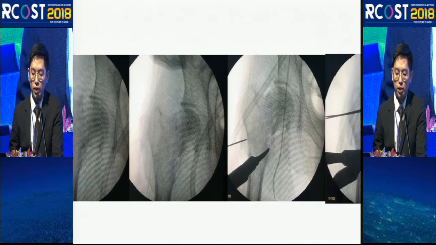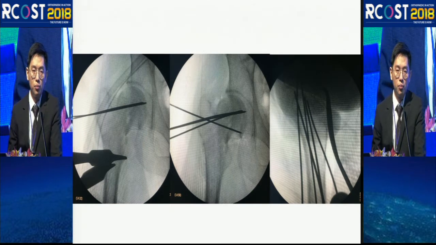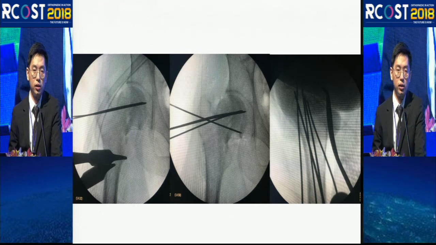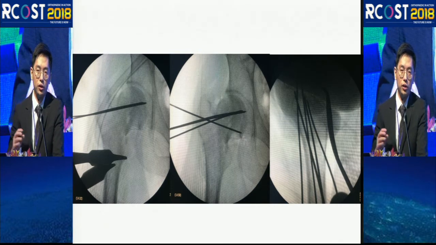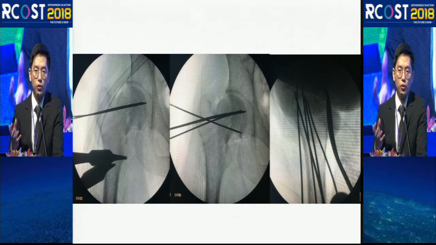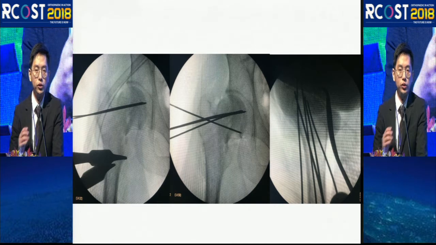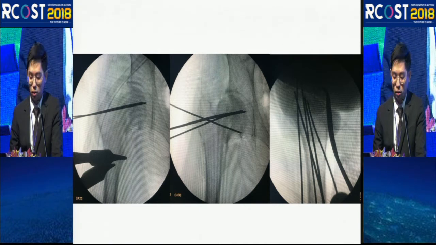But the problem with this patient is that we used a K-wire to try temporary fixation, but the anterior part of the head had lost bone quality, and we found that almost all the good bone quality was in the posterior part of the femoral head.